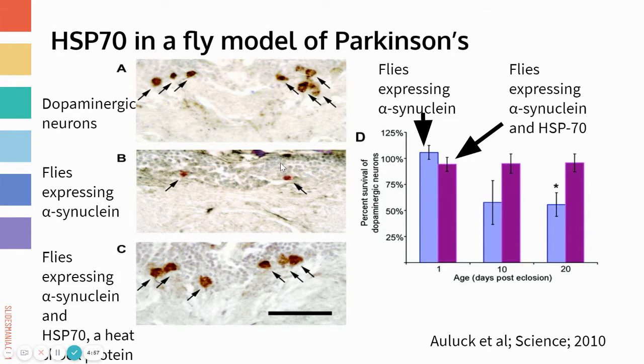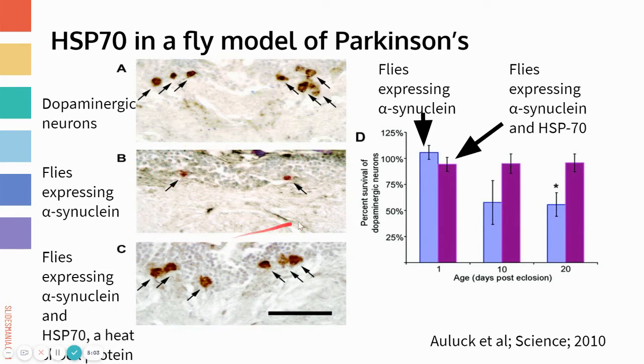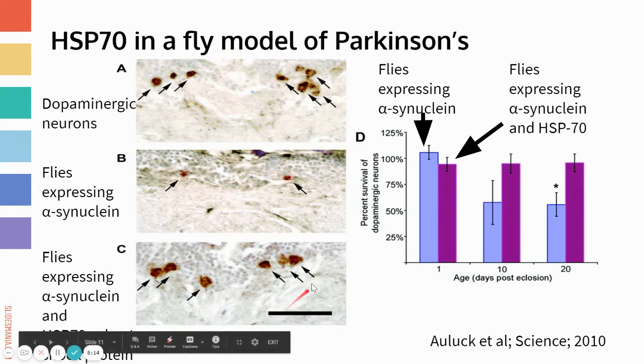In these pictures, you can pretty clearly see that the flies that were just made to express alpha-synuclein, this dangerous or Parkinson's-associated protein, have fewer neurons. So their neurons are dying. There are only 2 here. But if the flies expressed alpha-synuclein and also the chaperonin HSP70, then you can rescue against that cell death. These flies still have a lot of neurons left, even though they're still expressing alpha-synuclein.